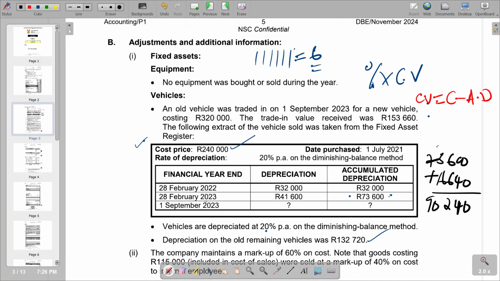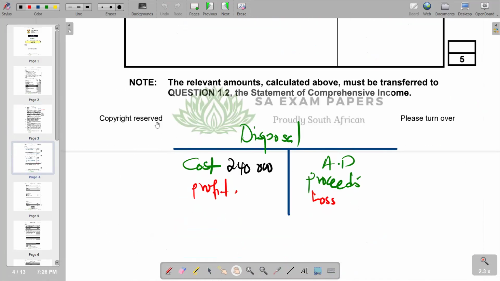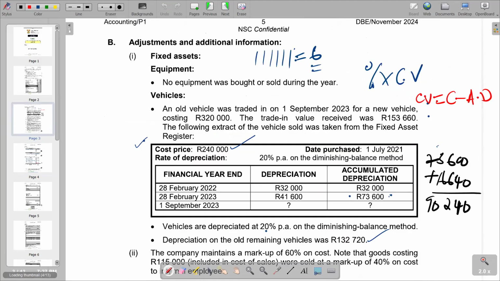So this 90,240 is now the accumulated depreciation figure which we are supposed to show on the credit side. So we have 90,240. And then in terms of the proceeds, what were the proceeds? We're given the proceeds is 153,660 here. So it's the one that is supposed to come here.